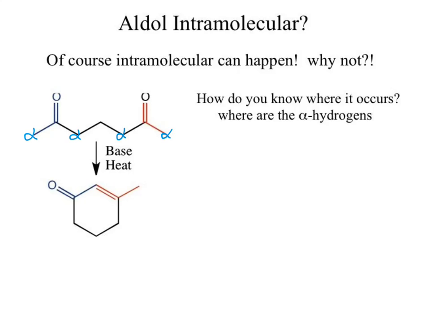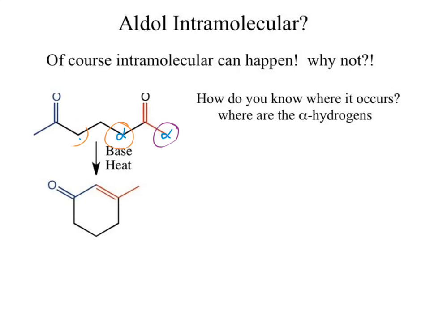Which one leads to product? The one that generates the most stable product. So what happens if we enolize that first hydrogen versus the last hydrogen? Are they different from each other? No. Since there's no difference, let's go ahead and just erase one of them. How about the inner?